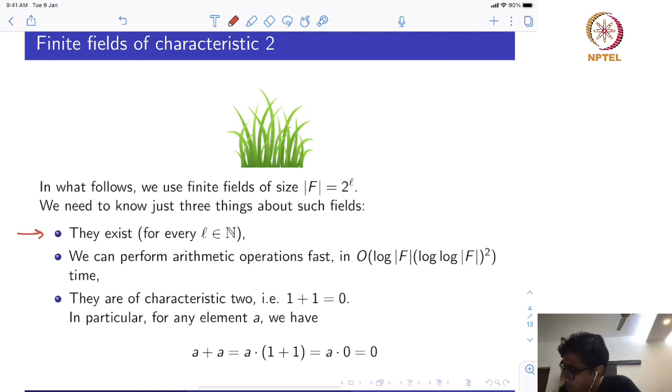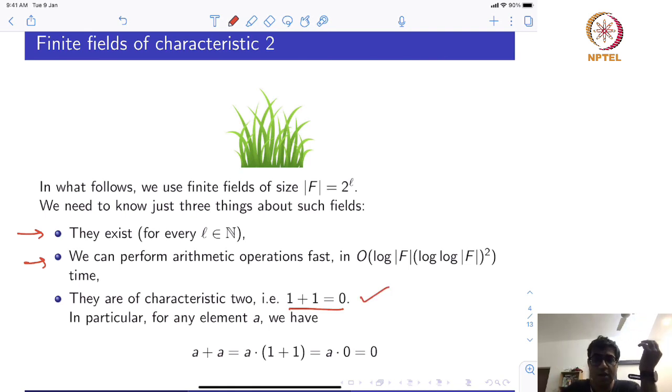Second, we can perform arithmetic operations very fast in this field; the time depends only logarithmically on the size of the field. And thirdly, which is most important, they are of characteristic 2. That is, 1 plus 1 in this field is equal to 0, which implies that if you take any element and add it to itself, you get 0.